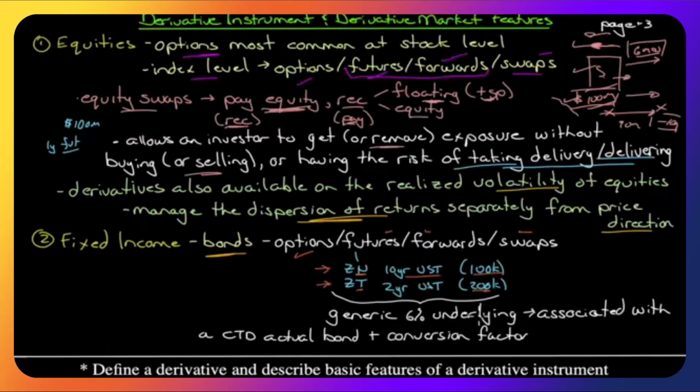And since there is no 6% $100,000 bond, there will be bonds that when combined with a conversion factor will be equivalent to a 6% $100,000 bond. That is called a cheapest to deliver. So the 10-year futures contract will be associated with some cheapest to deliver actual bond that with a conversion factor will be equivalent to a $100,000 6% bond.